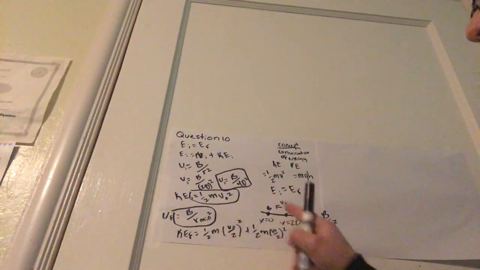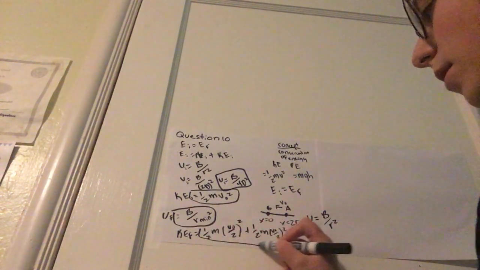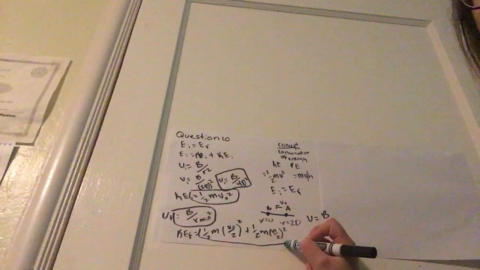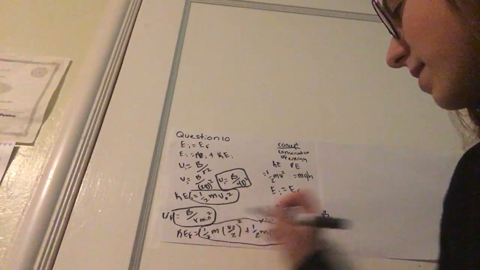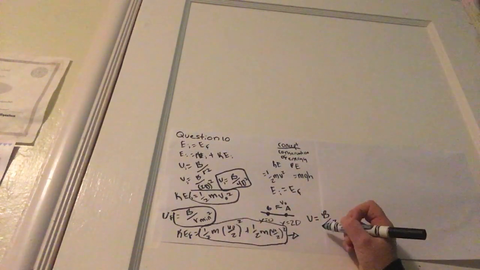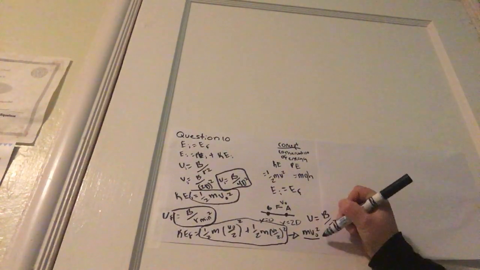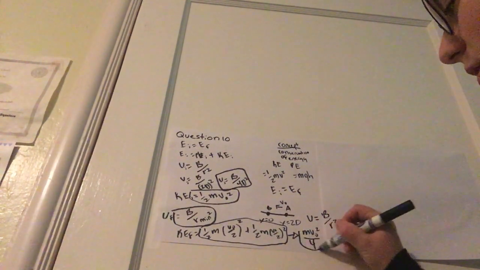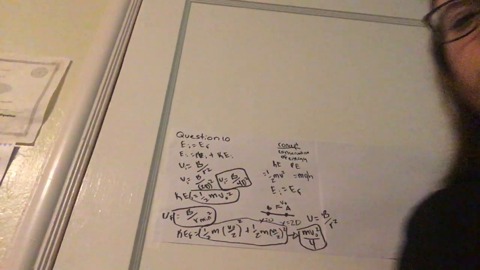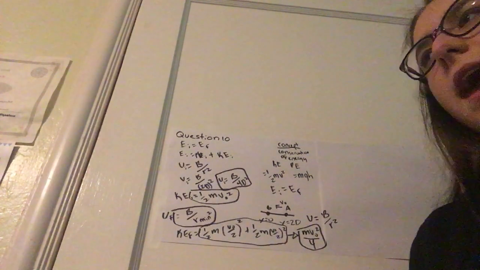This is for particle A and particle B. Okay, so we have this. Then we can simplify this to m over 4 v initial squared. This is our more simplified version of kinetic energy at the end.